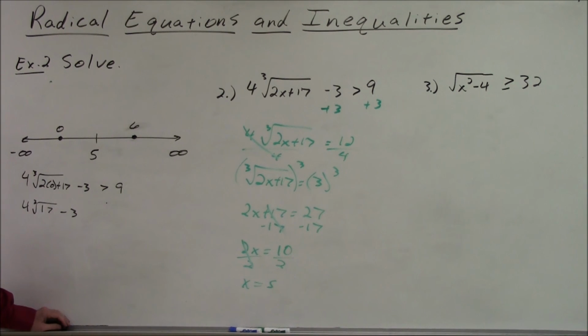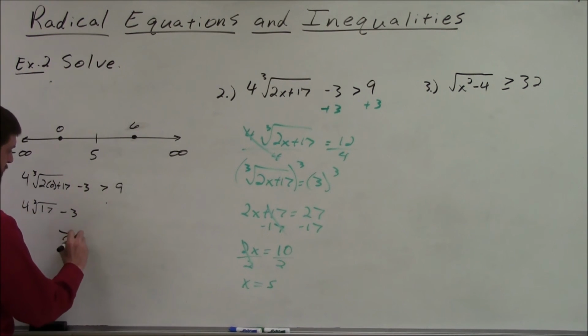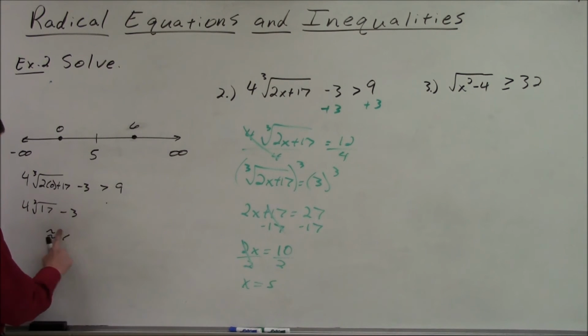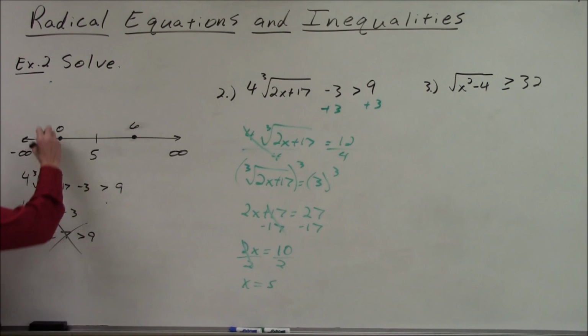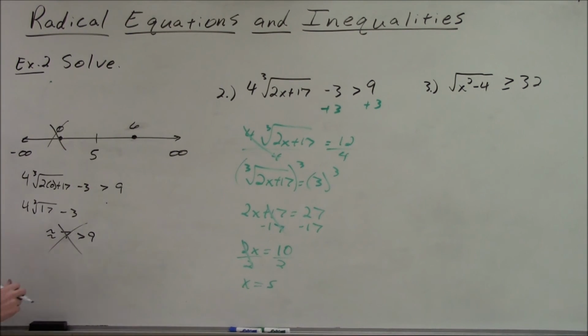Cube root of 27 is 3. So it's somewhere between 2 and 3, so about 2.5. 4 times about 2.5 is going to be around 10. 10 minus 3 is about 7. Is approximately 7 greater than 9? No, it's not. So that interval shouldn't work.